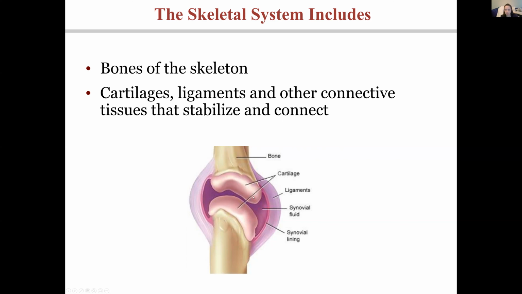Cartilages serve to buffer a lot of the stress that is occurring between bones, especially at the level of joints. And you have ligaments, this dense connective tissue between bones that is there to stabilize bones in relationship to each other.